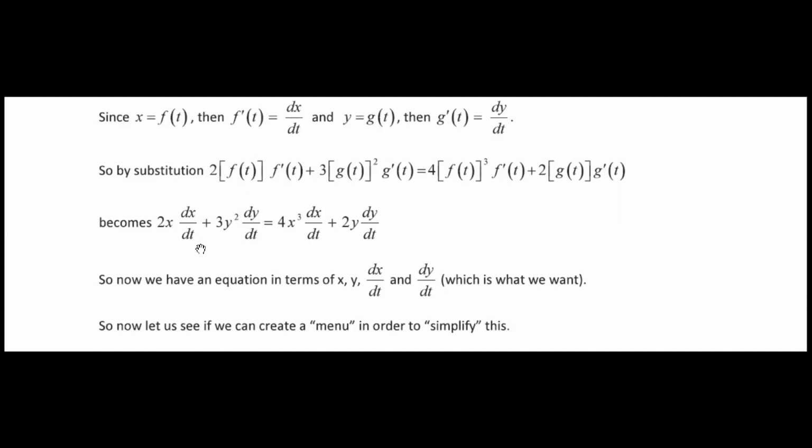We've played around with it, and now we've got it back in terms of just x's and y's. And in addition, we've put in dx/dt and dy/dt's. And why is this good? Because remember, we're given dx/dt. We want dy/dt, so we're well on our way to getting what we want.